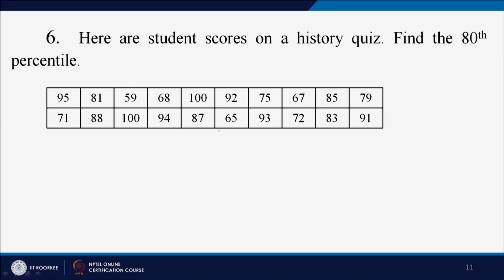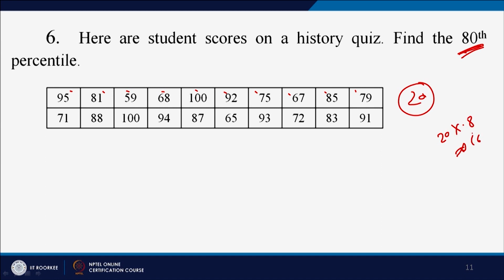Here are students' scores on a history quiz. Find the 80th percentile. So, how many data points first of all? 1, 2, 3, 4, 5, 6, 7, 8, 9, 10 and 10, 20, total 20 data points, right. So, we have to find out what? 80th percentile. So, 20 into 0.8, right, 16.